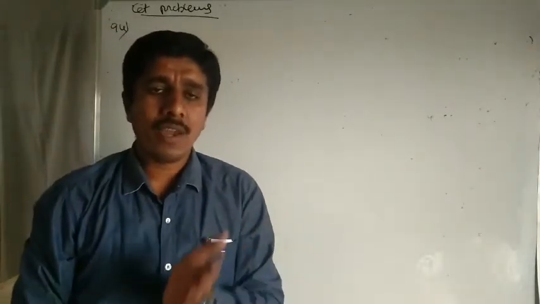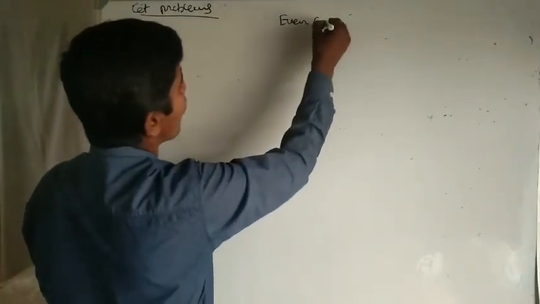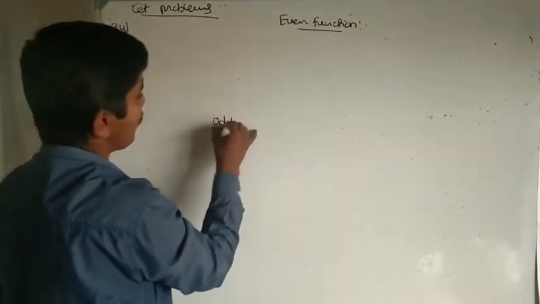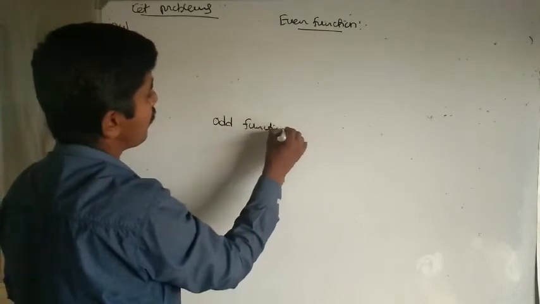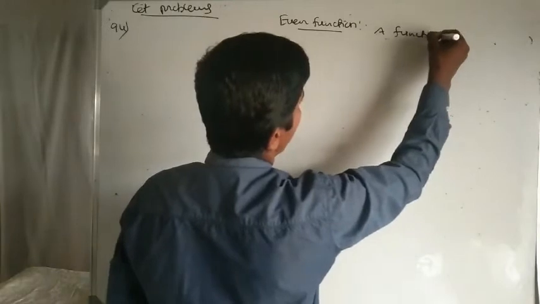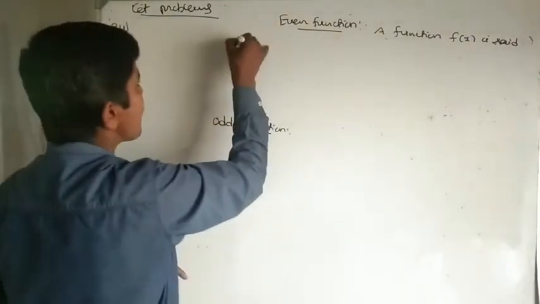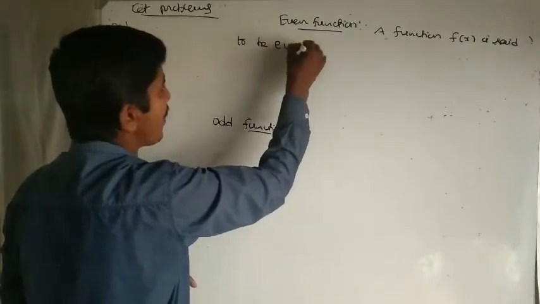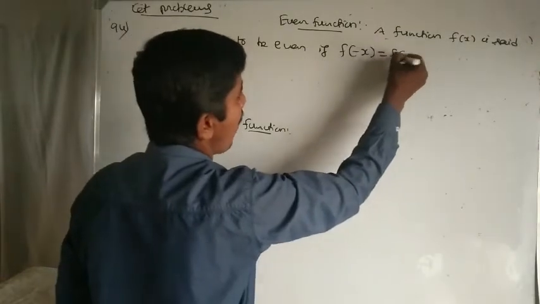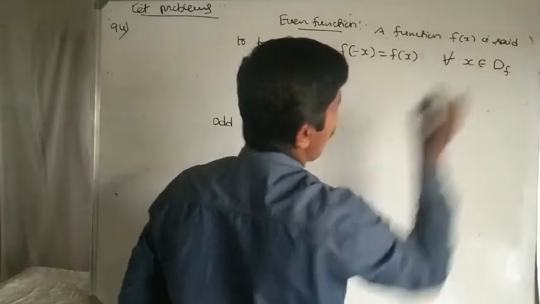How to define even and odd function, mind it. Note down this. Even function, next, odd function. Even function means a function f(x) is said to be an even function if f(-x) equal to f(x) for all x belonging to the domain of the function.